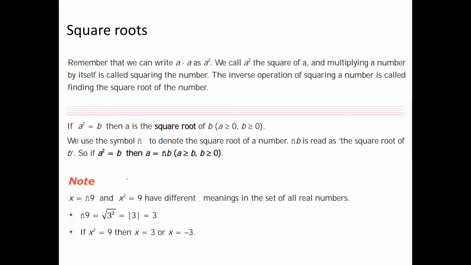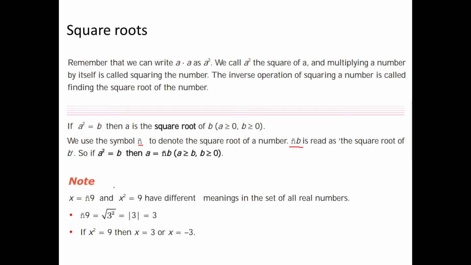We use this symbol to denote the square root of a number, and we write the square root of b like this. So if a squared is equal to b, then a is equal to the square root of b.